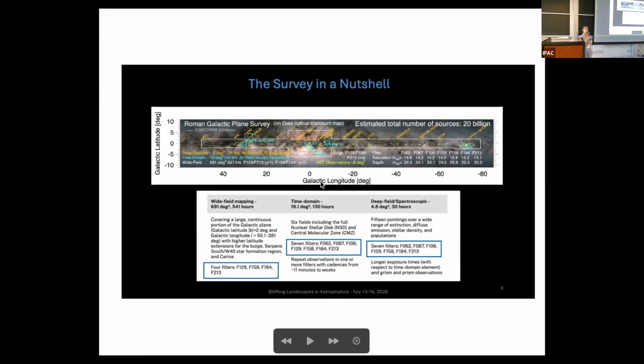These are 7 fields, roughly 20 square degrees. And the third component is a spectroscopic component with 15 fields distributed along the galactic plane, trying to sample different extinction regions and source density regions.